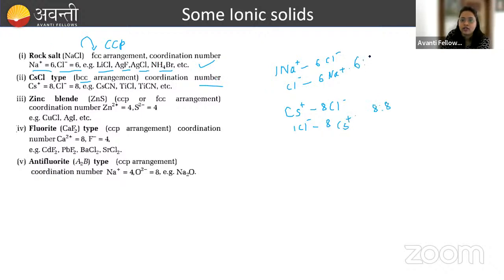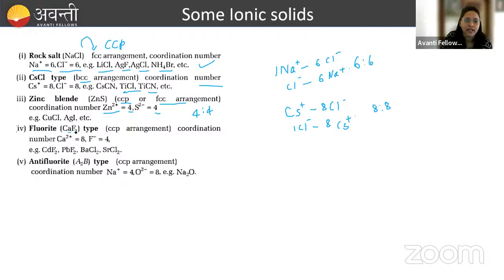Here it is 6:6. Next, you can see the examples here, very important examples: CsCl, TlCl. Next, zinc blende, which has CCP, also known as FCC arrangement. The coordination number of Zn2+ is 4 and S2- is 4. This is a 4:4 type of unit cell.